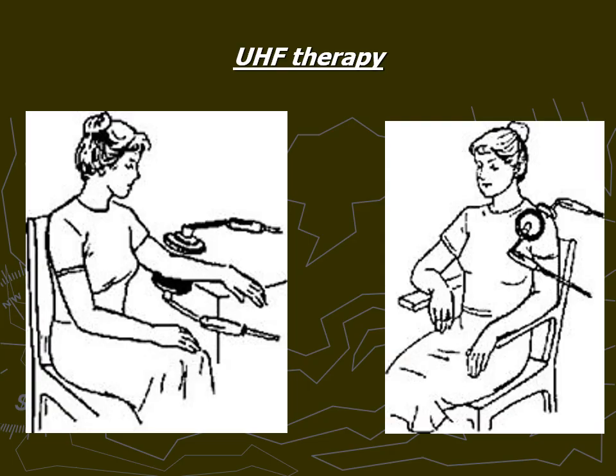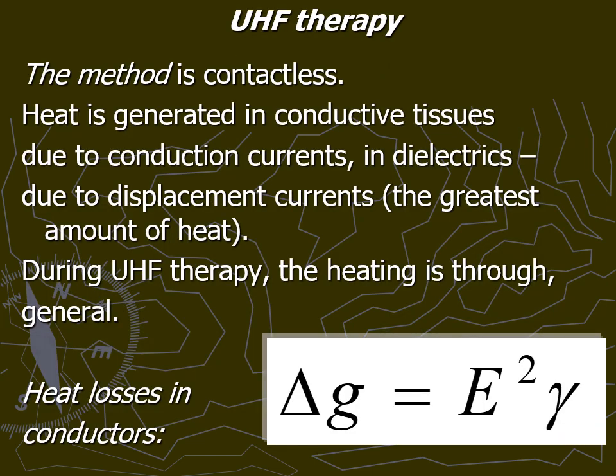And here too, you can see the elbow joint and the shoulder joint being affected. In this case, we have a non-contact effect. That is, there is an air gap between the human body and the electrodes.